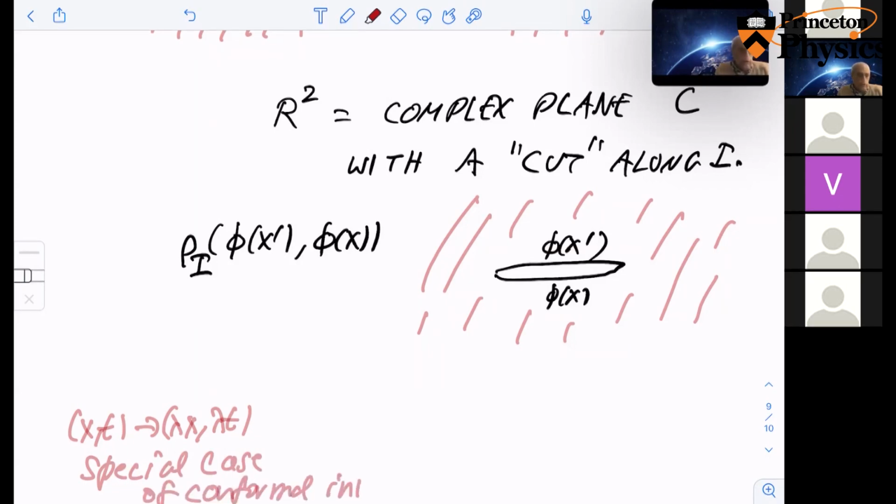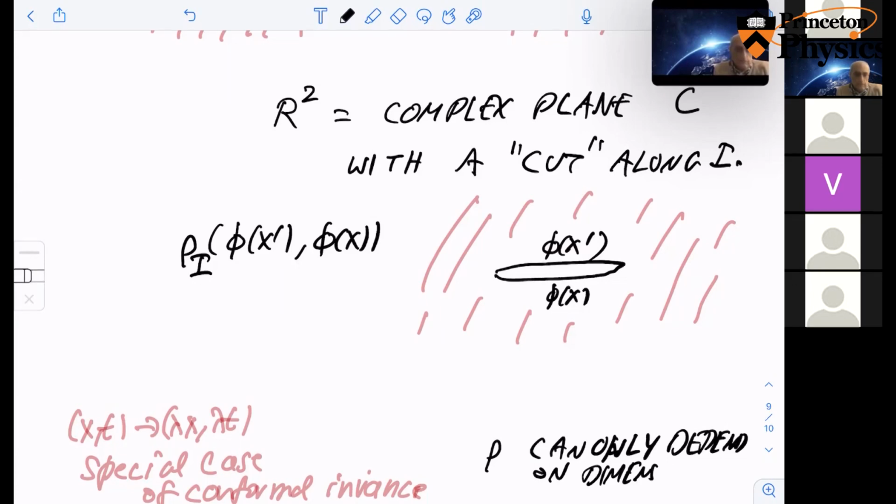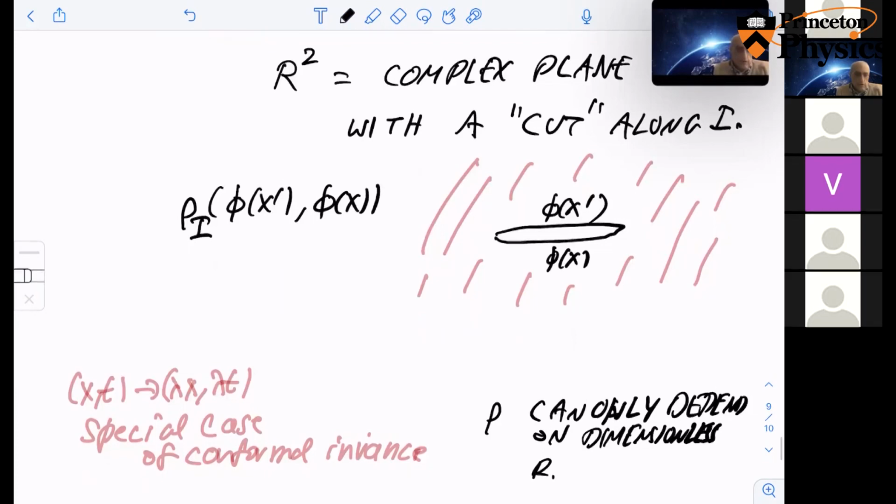The way I used scale invariance means that something dimensionless like the entropy can only depend on dimensionless ratios. And in this problem, there only was one dimensionless ratio, L over epsilon. L is the length and epsilon is the ultraviolet cutoff.